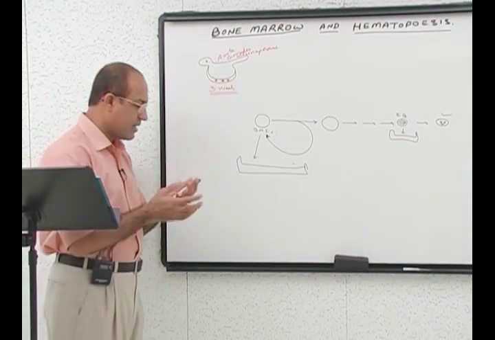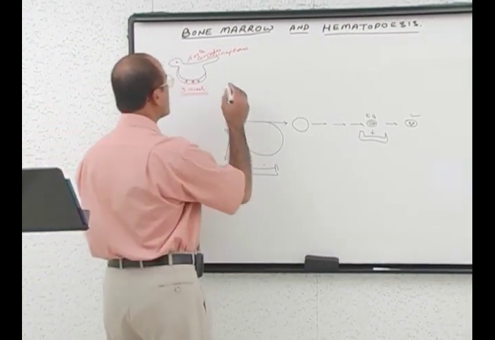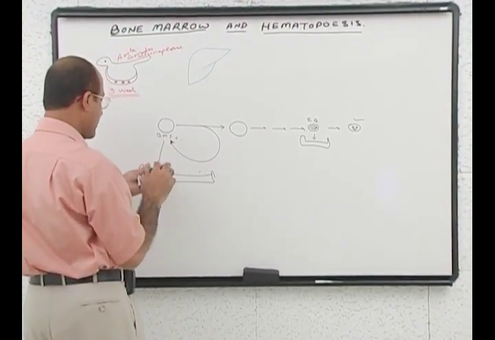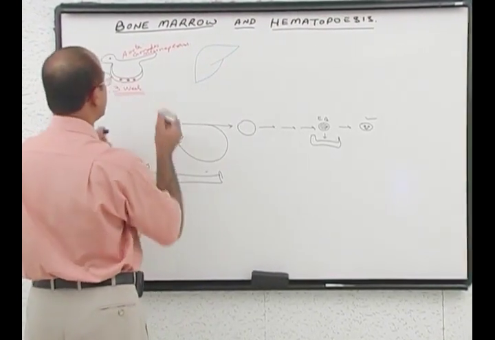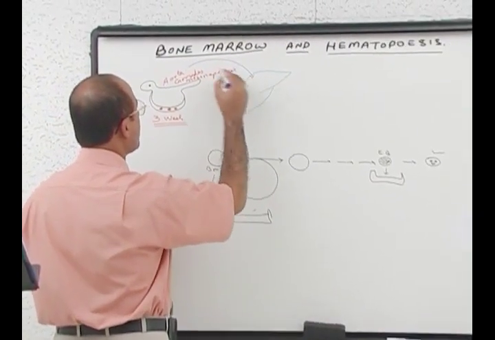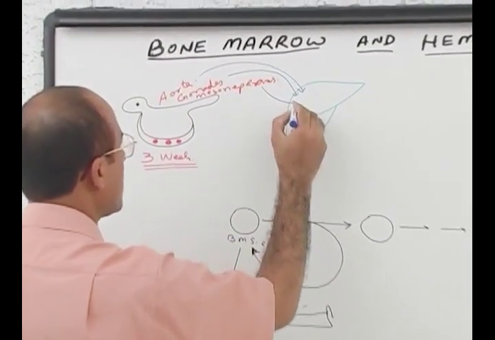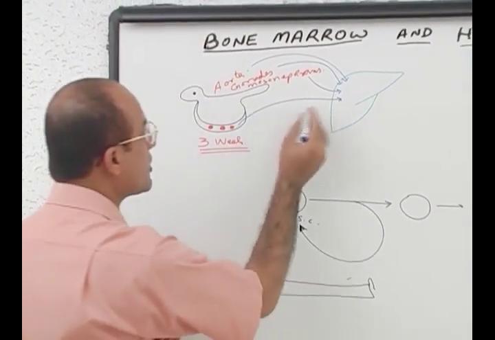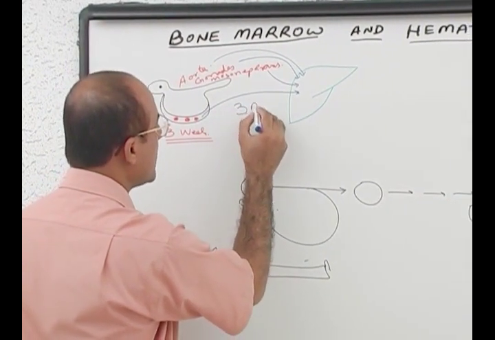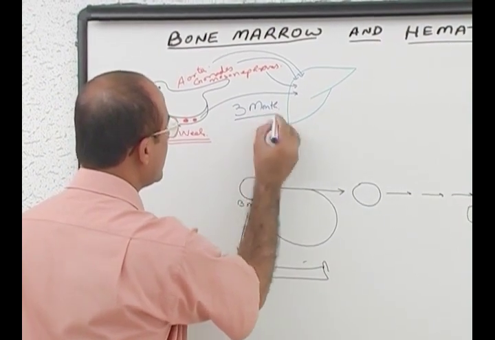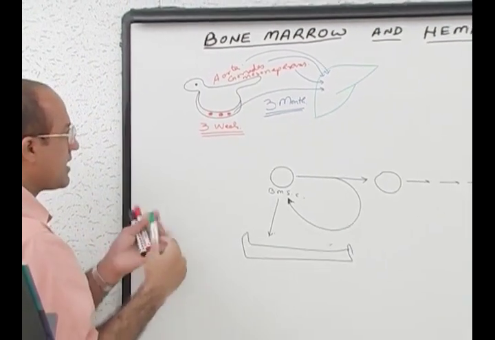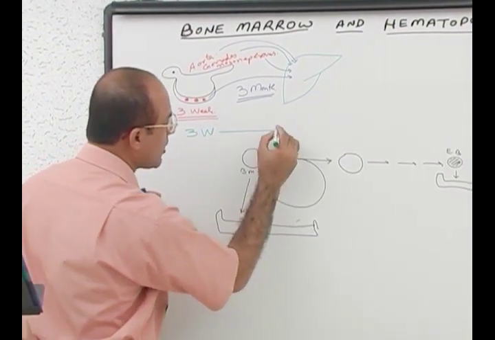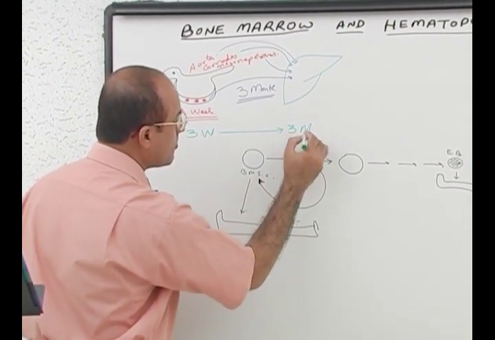These stem cells eventually transfer to the liver of the fetus around the 3rd month. These stem cells from the aorta, gonads, mesonephros and of course the yolk sac reach the liver around the 3rd month. It's easy to remember: in the yolk sac it is 3 weeks, and they appear in the liver in 3 months.